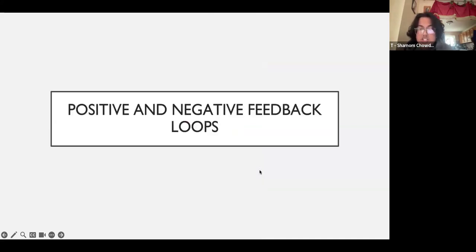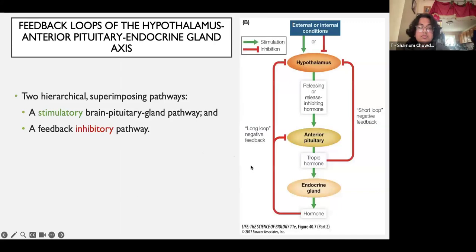So now we're going to talk about positive and negative feedback loops, which I discussed before, but now we're going to talk about it in a bit more detail. There are two hierarchical superimposing pathways. You have a stimulatory pathway, which is your positive feedback loop, and you also have a feedback inhibitory pathway.